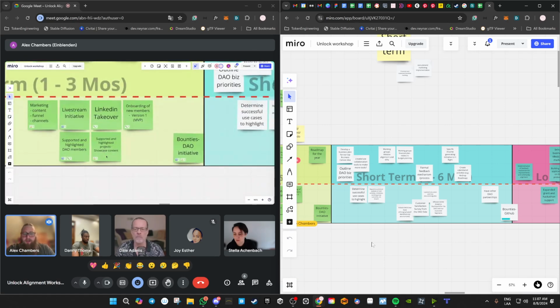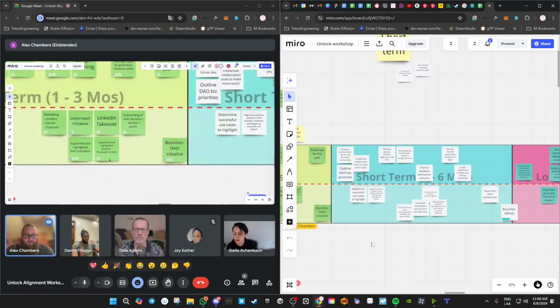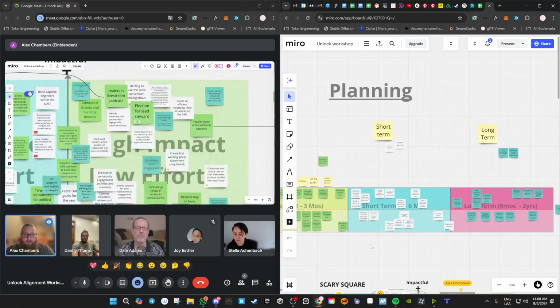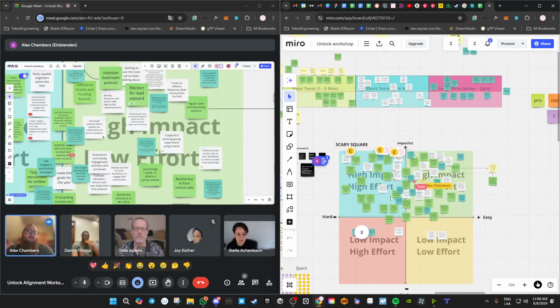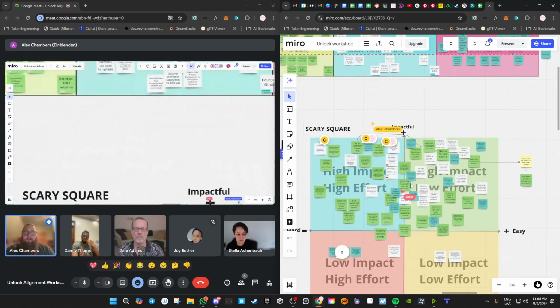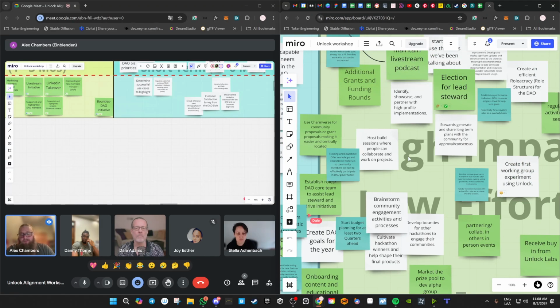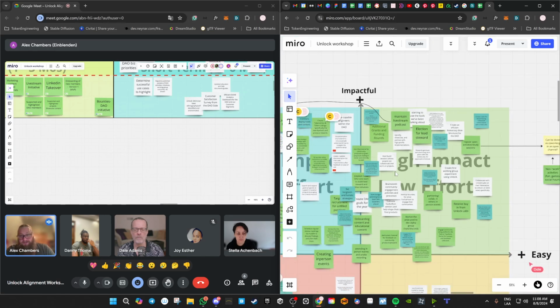So the supported highlighted projects or showcase content, we would say, do we have any items down here that directly relate in the low effort, high impact? And then if we do, we can say who has the ability to do those. Does that make sense, or is that too much?